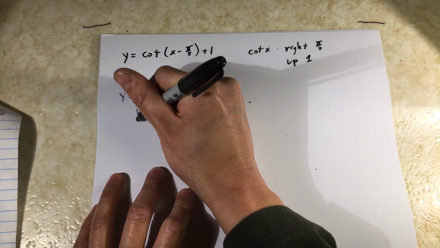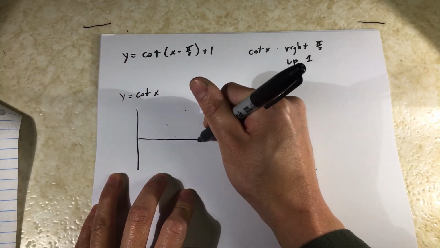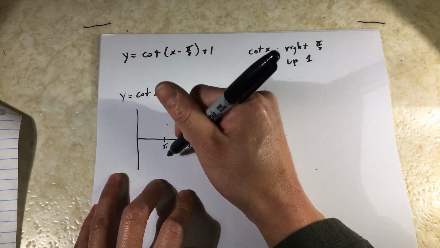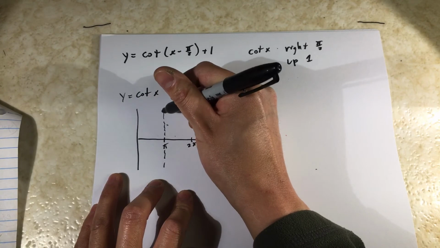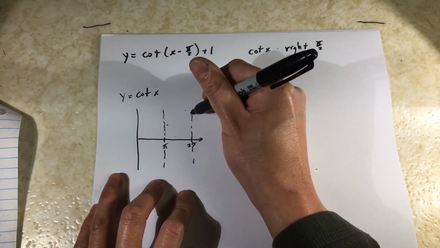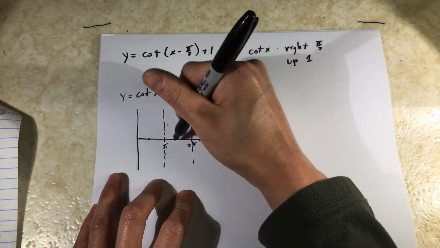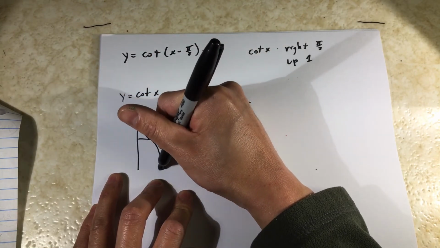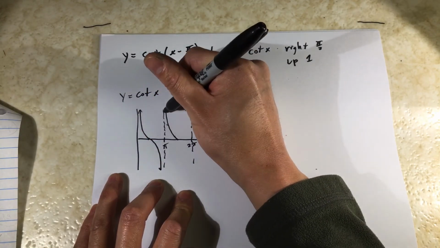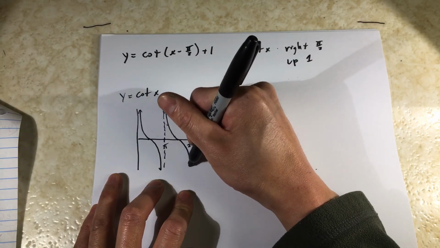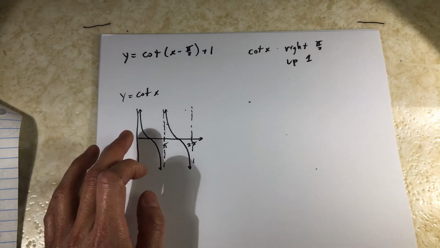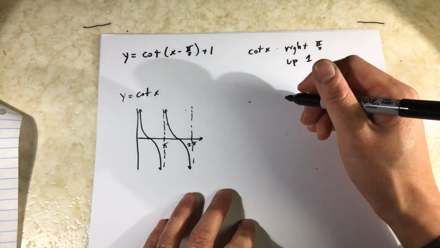So our cotangent of x looks something like this. We have an asymptote here and an asymptote here. It's 0 at those points. And we go up and go down. All right, so there are 2 things here.